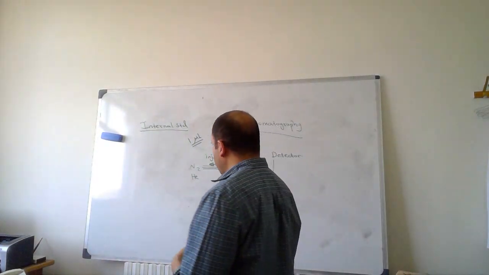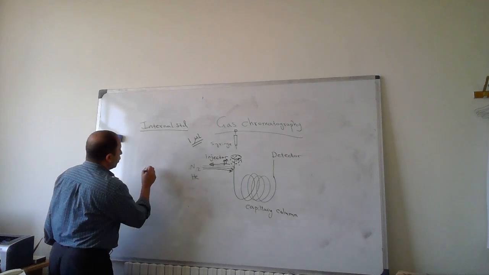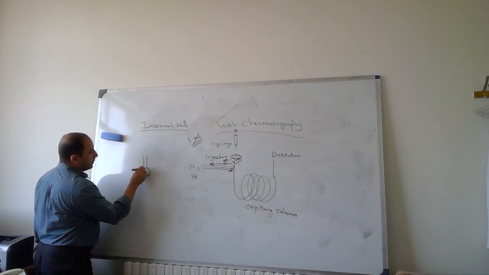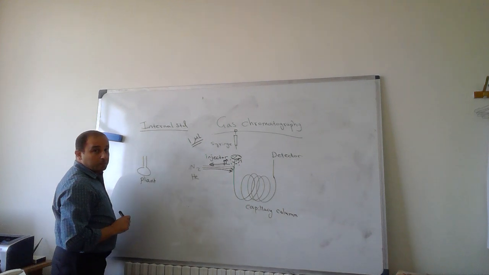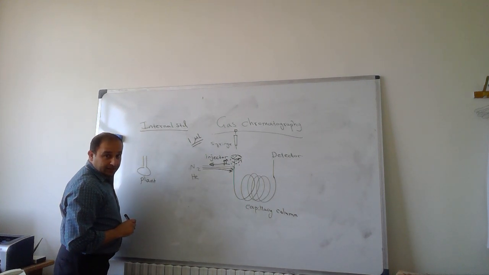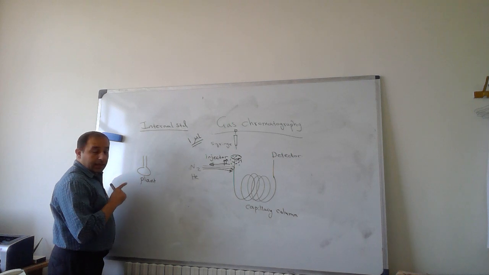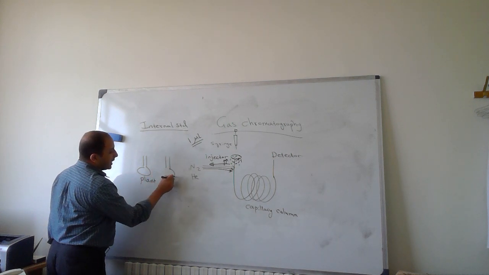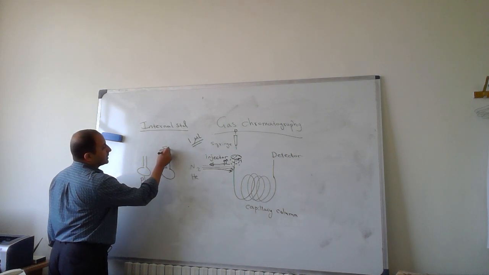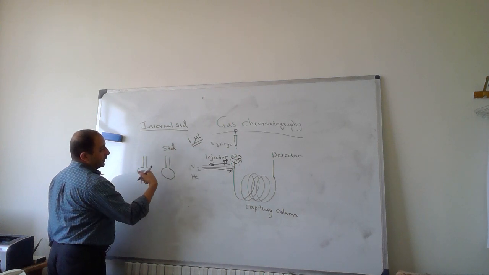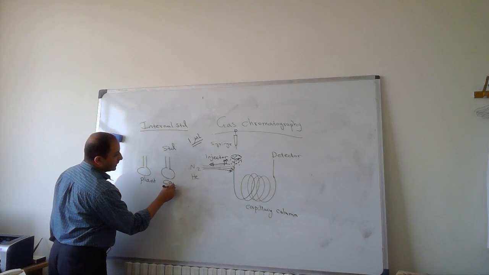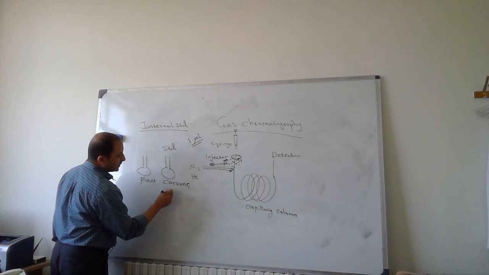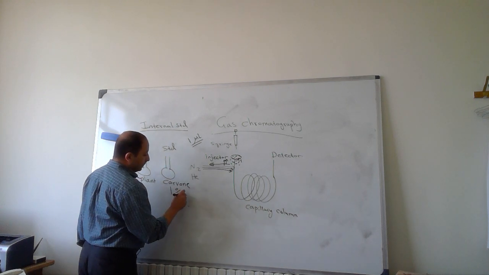So we will prepare 2 flasks. One of the flasks contains the plant which is expected to have carvone. The other flask, which contains the external standard, contains a certain quantity of carvone, for example, 1% volume per volume.